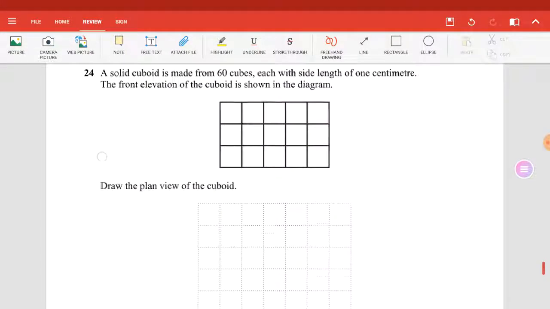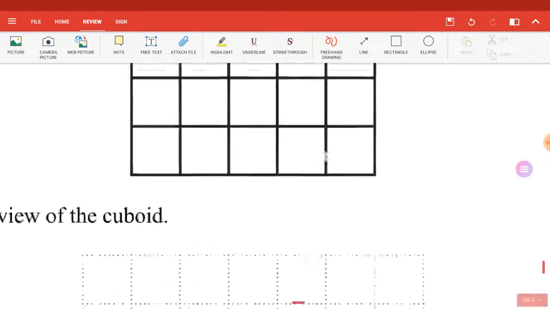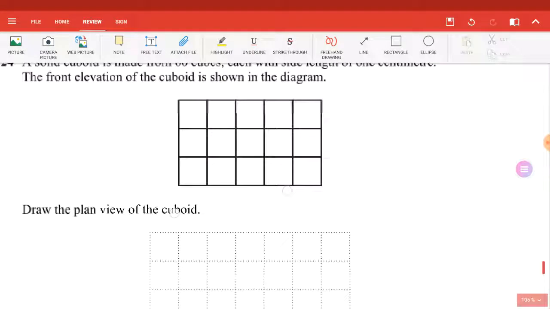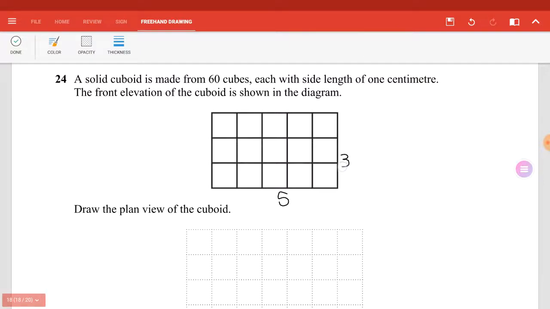A solid cuboid is made from 60 cubes, each with side length of 1 centimeter. The front elevation of the cuboid is 1, 2, 3, 4, 5 with 3. So this is 5 and this is 3. So the missing dimension: 3 multiplied by 5 is 15. 15 multiplied by 4 equals 60.